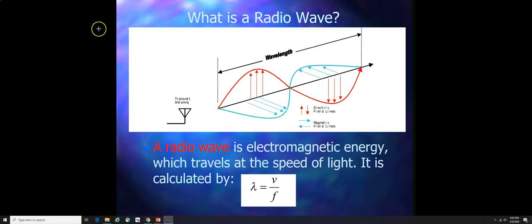Let's say the frequency is 1 kilohertz, and we already know V is equal to 3 x 10^8 meters per second.